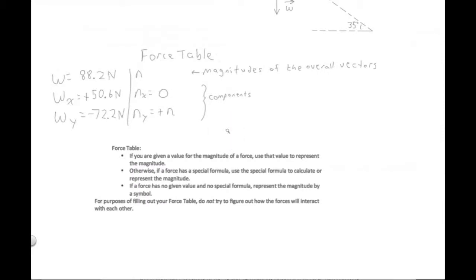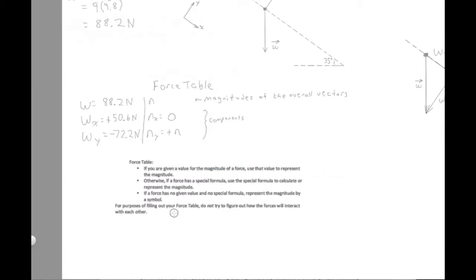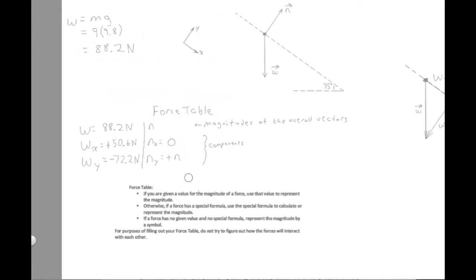Summary of how we attack the force table. If a force has a special formula, we use that special formula to represent the magnitude. That's what we did with the weight. If the force has no given value or special formula, you represent the magnitude by a symbol. That's what we did with the normal force. And remember, for purposes of the force table, do not try to figure out how the forces will interact with each other.